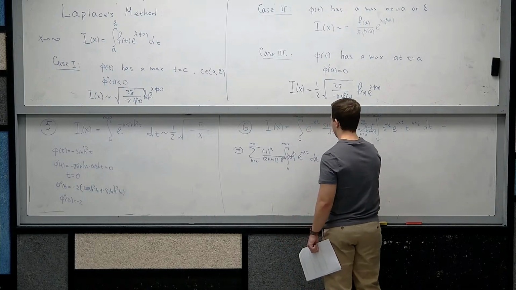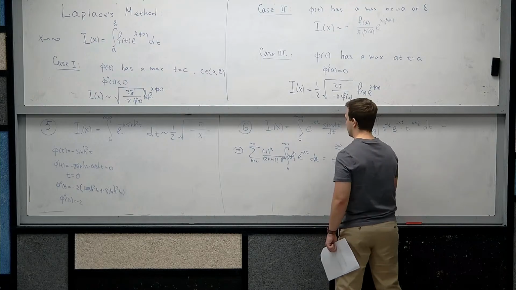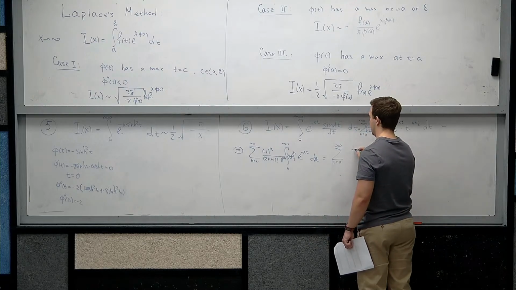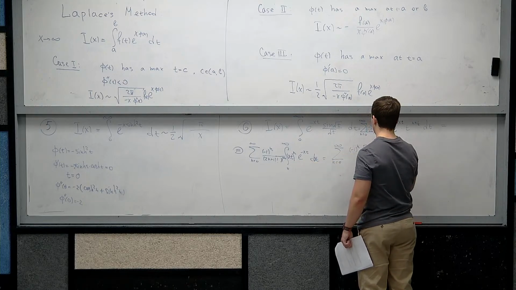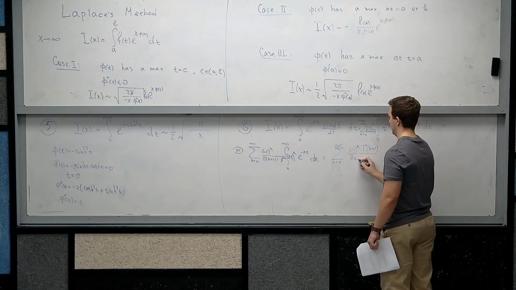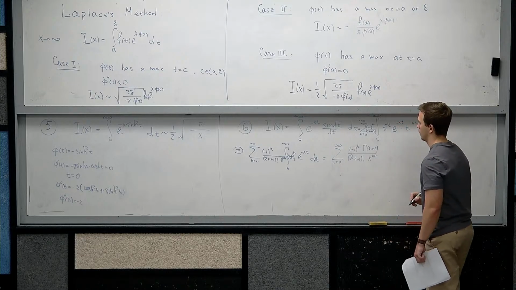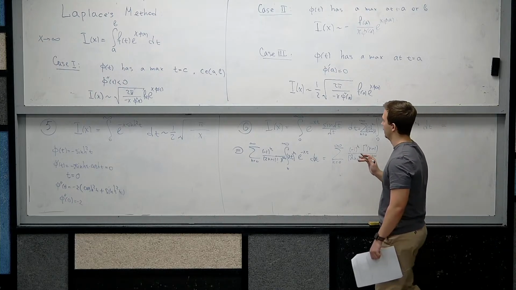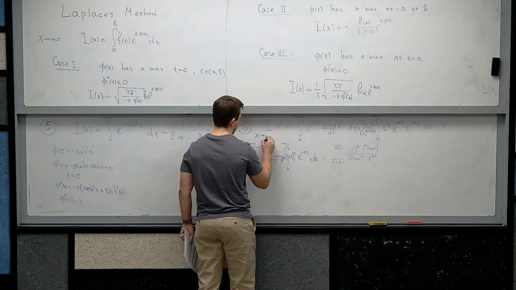Great. And then the sum over n from 0 to infinity of (−1)^n, here is gamma of n+1 divided by (2n+1)! times x to the n+1. Again, this is the expansion as x goes to infinity.